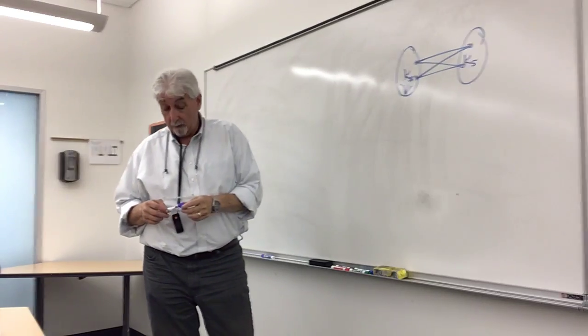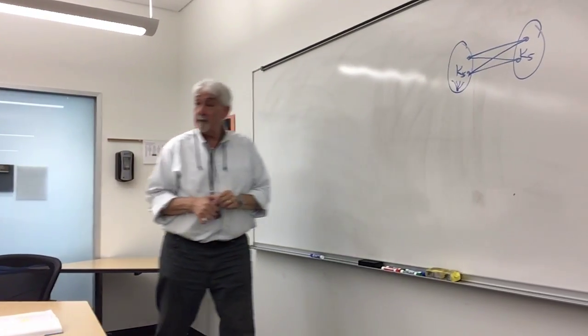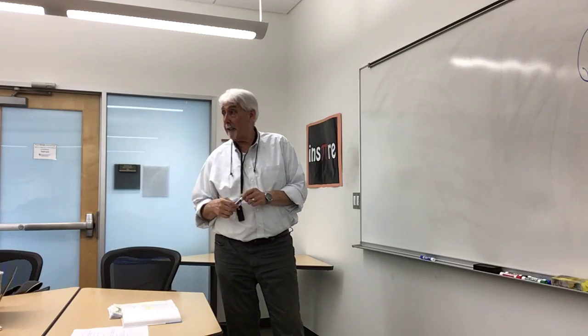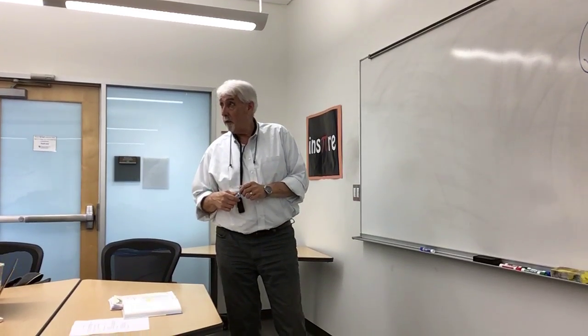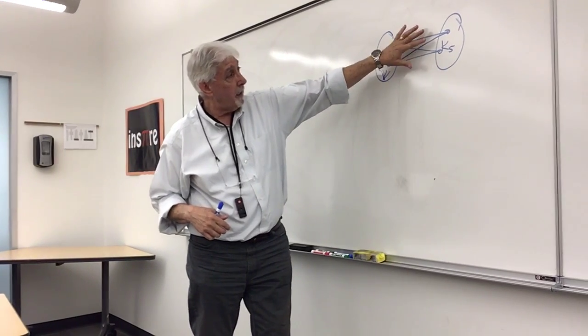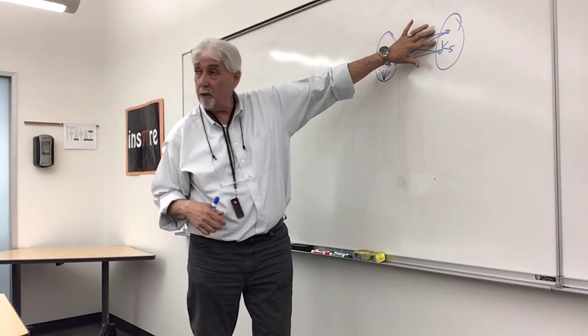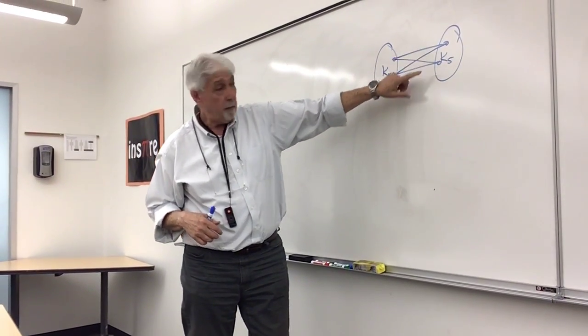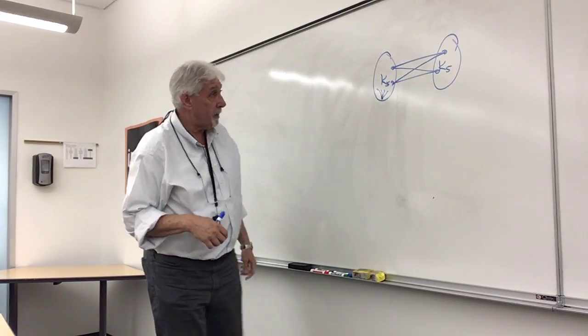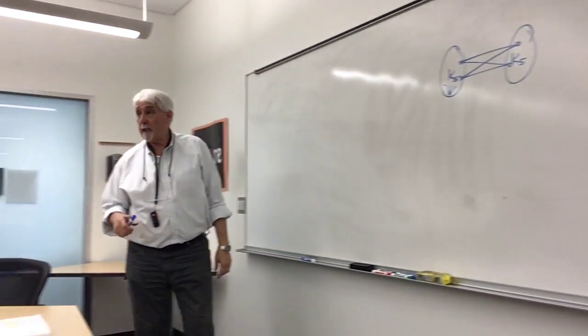So the edge connectivity is 4. No set of fewer than 4 edges disconnects this graph. If I remove 3 edges, or just these 2, we're close, but I'm still connected with this vertex here. What's the vertex connectivity?